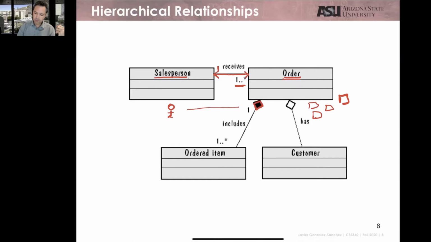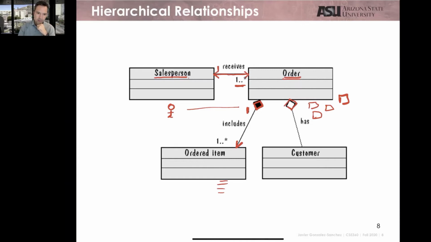Diamond, composition or aggregation, again, no arrow, arrow. One order has one or more items. One of these, one or more of these, you know, items, rows, the name of the product, the price, whatever.